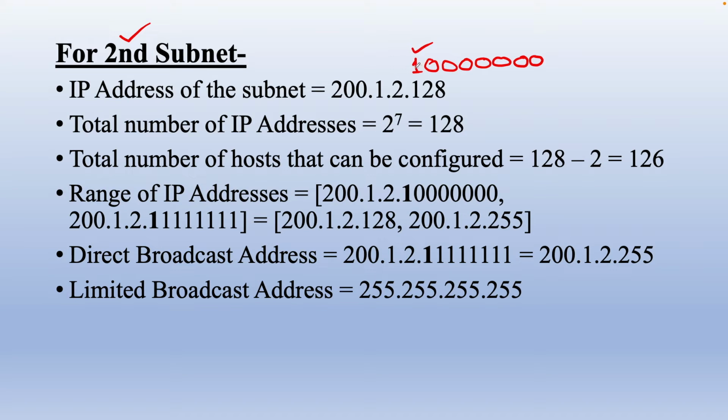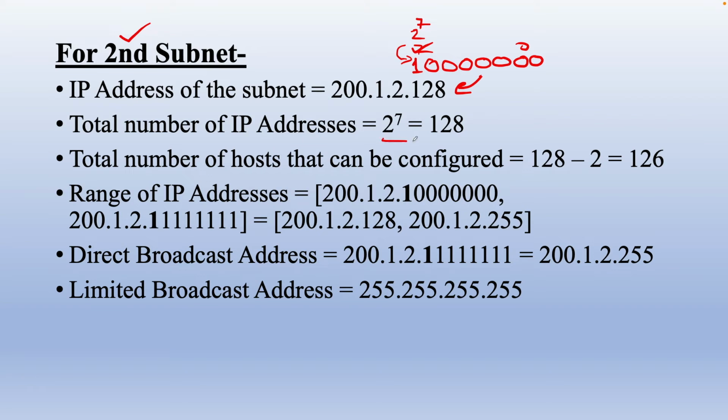If you convert it into decimal, it comes out as 128, because 2 to the power 7 is 128, and this is the 7th position, from 0 to 7.